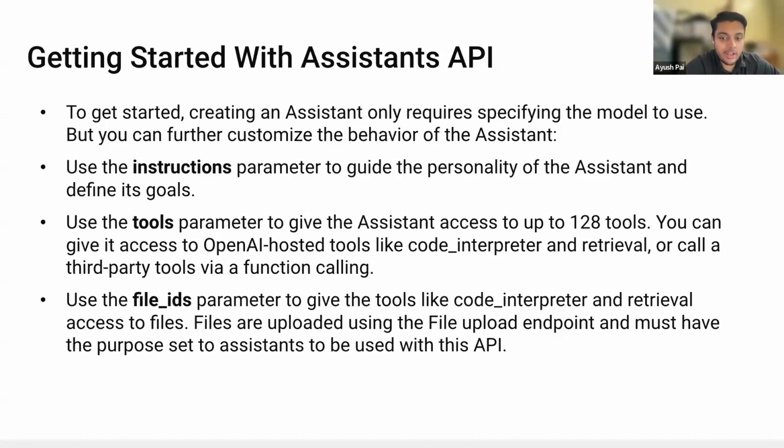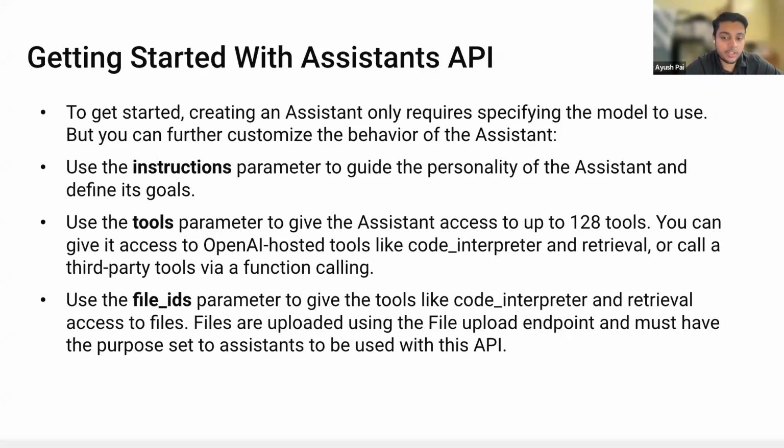And lastly is the file ID parameter. This parameter allows you to provide tools like code interpreter or retrieval specific files to access. These files can be uploaded using the file upload endpoint, or uploaded on OpenAI's website. These files are being hosted on OpenAI. In essence, these customization options empower you to transform your assistant into a voice-activated guru, ready to assist users in complex financial tasks.